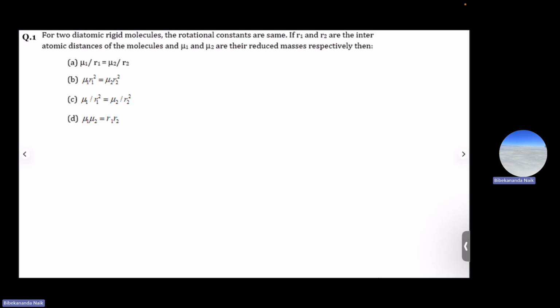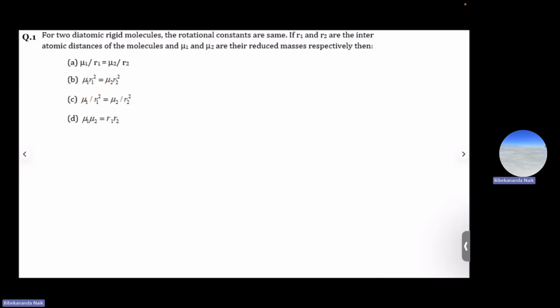We need to find the relation between mu1, R1 and mu2, R2. The options are: mu1 by R1 equal to mu2 by R2; mu1 R1 square equal to mu2 R2 square; mu1 divided by R1 square equal to mu2 divided by R2 square; or mu1 mu2 equals R1 R2.